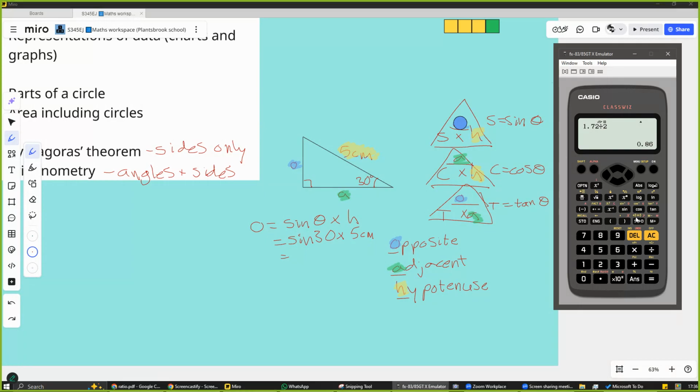But you don't need to know that just yet, I don't think. So if I type in sine 30, close the bracket, times 5, and click the S to D button, 2.5. Don't forget the unit, 2.5 centimeters. Okay, so let me stop that video.